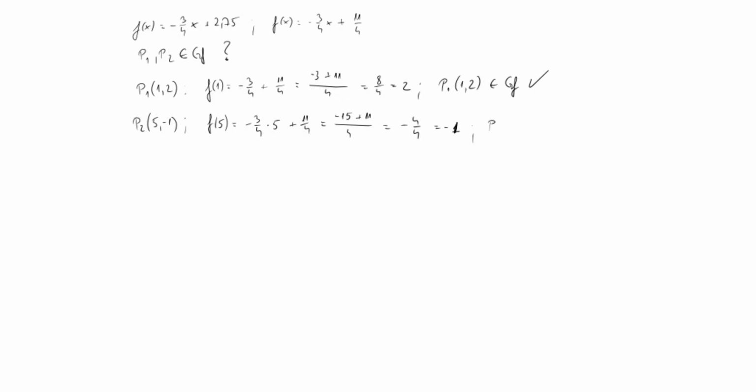So P2 of coordinates 5 and minus 1 is part of GF, which is also true. So our reconstruction of the function is correct.